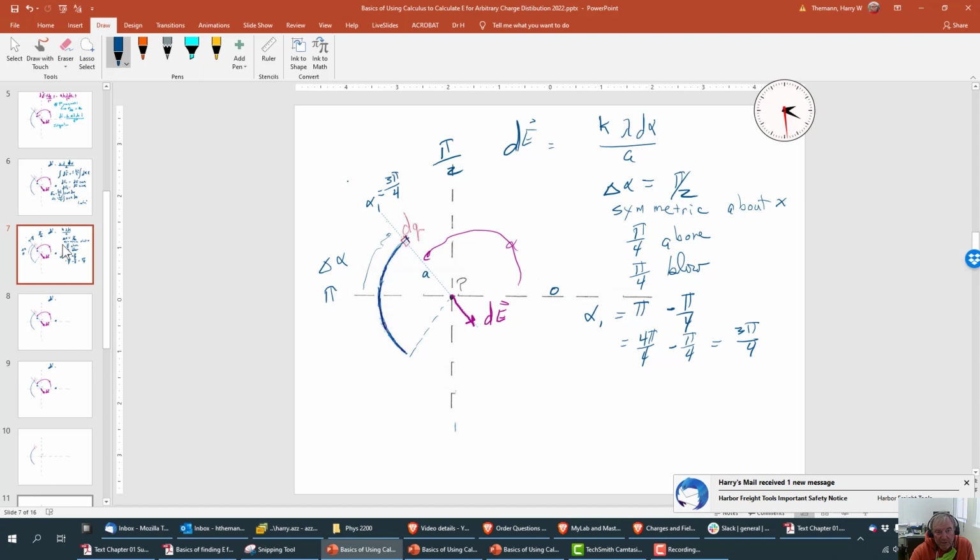Now, we can do two things. We can just do pi over 4 below, or we could simply say we need to go pi over 2 to get to alpha 2. So alpha 2 is going to equal alpha 1 plus pi over 2, which is 3 pi over 4 plus 2 pi over 4, and that's 5 pi over 4.